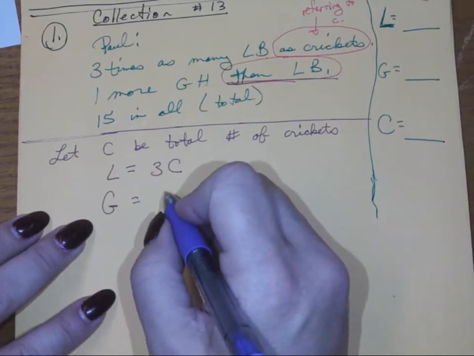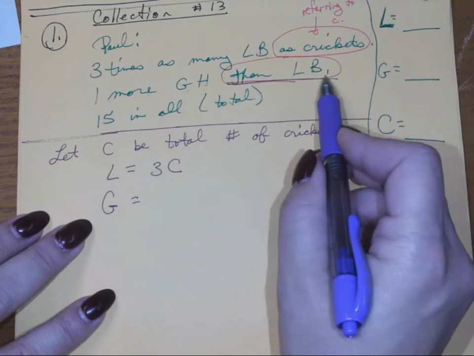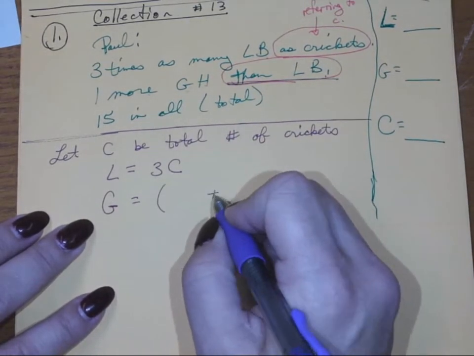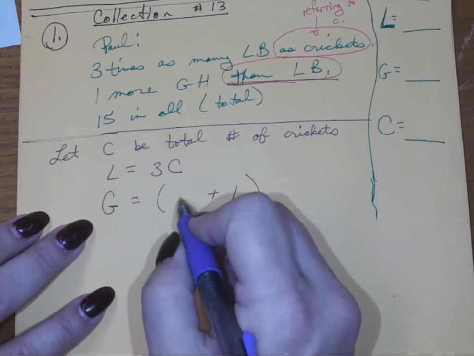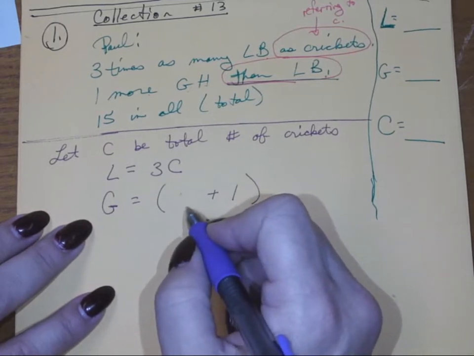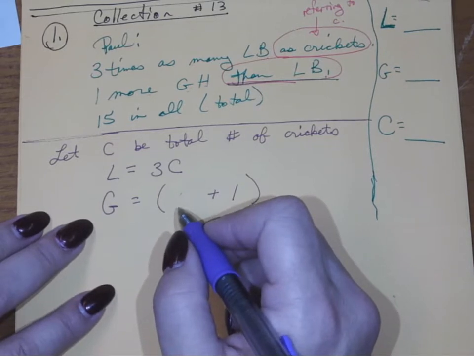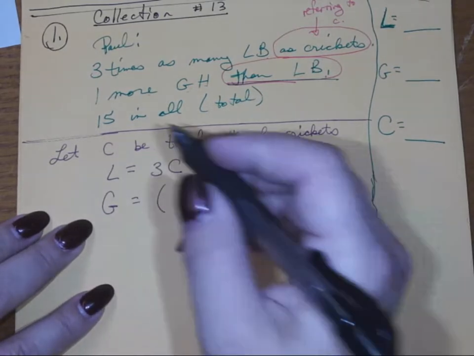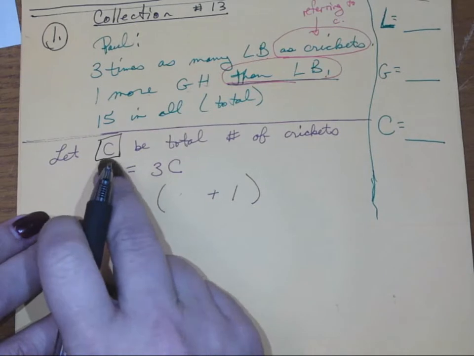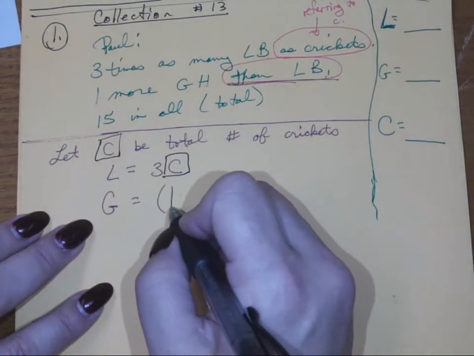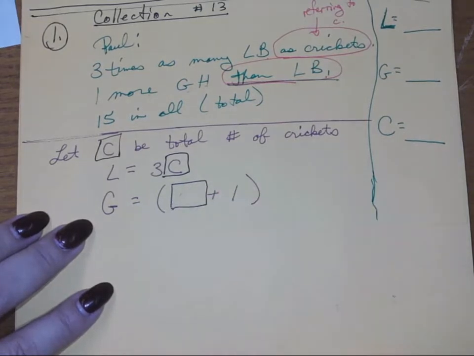Grasshoppers is equal to the total amount of ladybugs plus 1. Normally I would say ladybugs plus 1, L plus 1, if you want to do that. But in my brain I'm thinking, I don't want a different variable in here. Wouldn't it be nice if I started with C, that's my unknown, and I could continue working in C's instead of going back and forth between L's and C's?